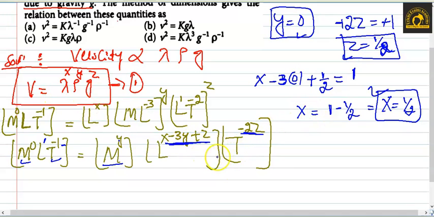So put all those values in equation number 1. Equation number 1 becomes v, that is velocity, is equal to density to the power x, that is 1 by 2, wavelength to the power 1 by 2, density to the power y which is 0, acceleration due to gravity to the power z, 1 by 2.